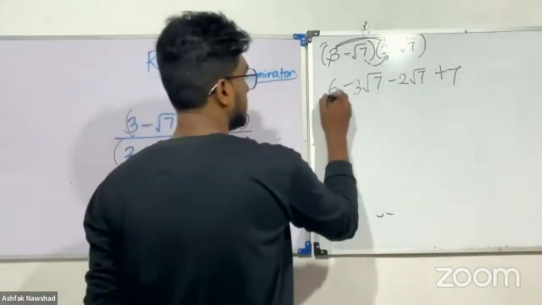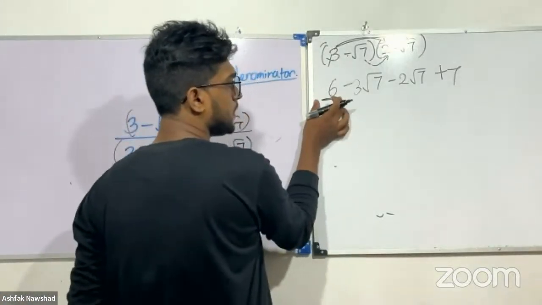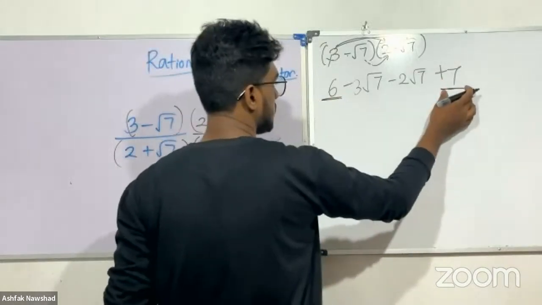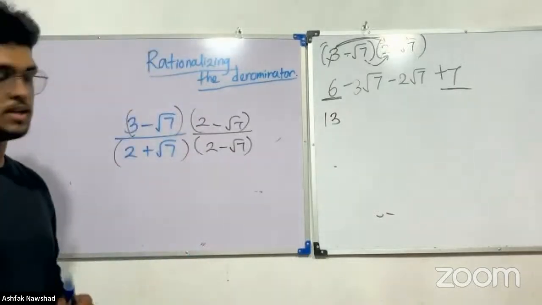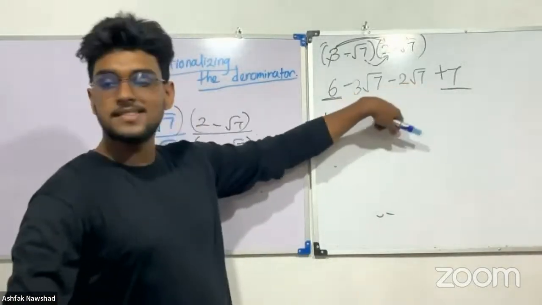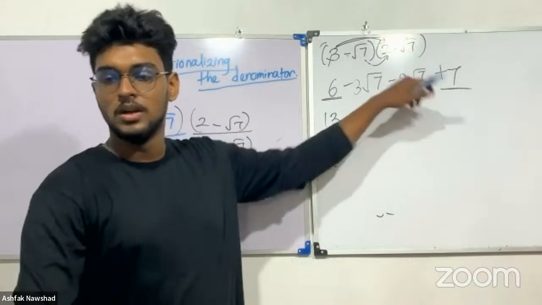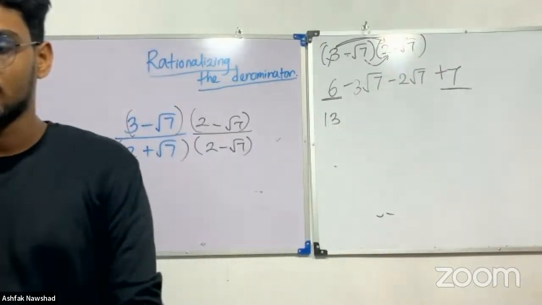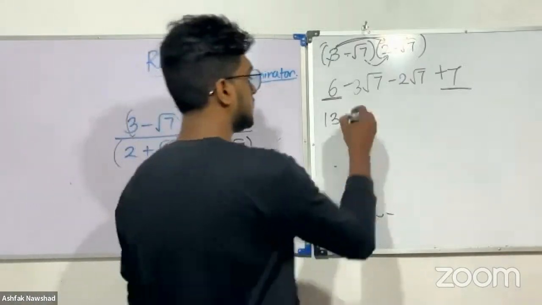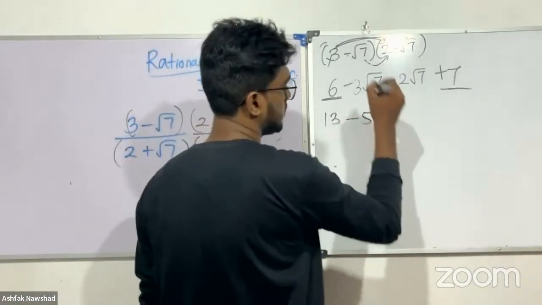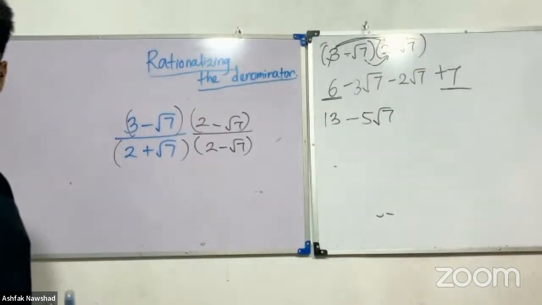Now, carefully. 6 is a positive number, 7 is a positive number. This can be added. So 13. Then minus 3 root 7 minus 2 root 7. Minus 3 and minus 2 are similar signs, so we can add them. Minus 5 root 7.